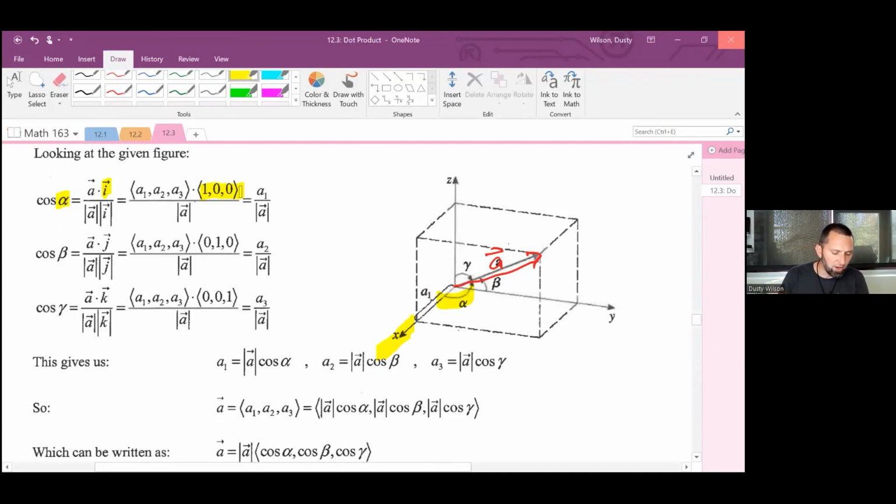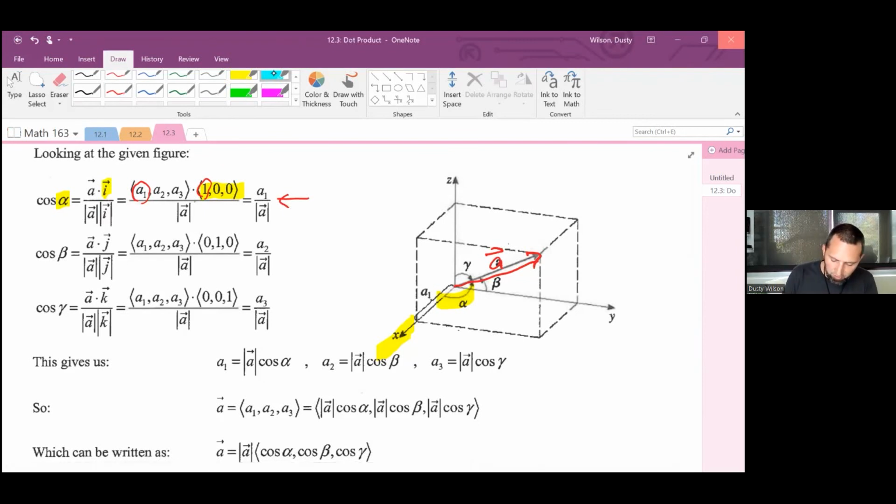So if we want to find the cosine of alpha, we can use the formula from earlier with the dot product. Notice when we take A dotted with i, most of this stuff is going to disappear except for the A1 times the 1, which is just A1 over the magnitude of the A vector.